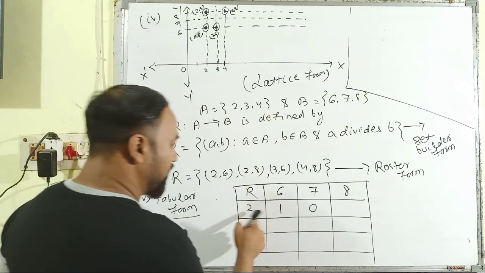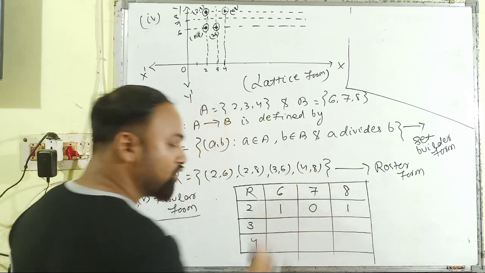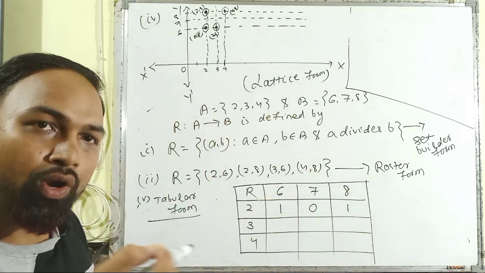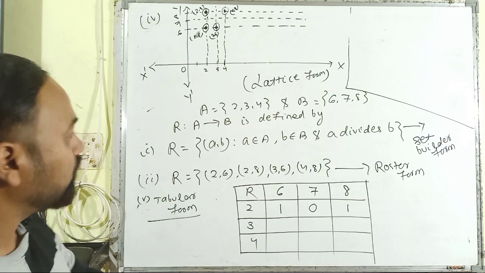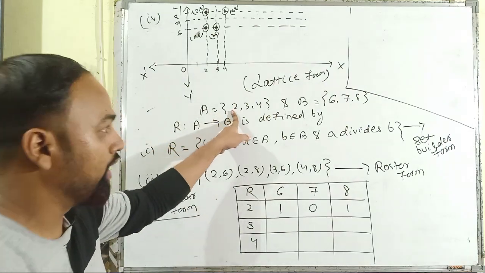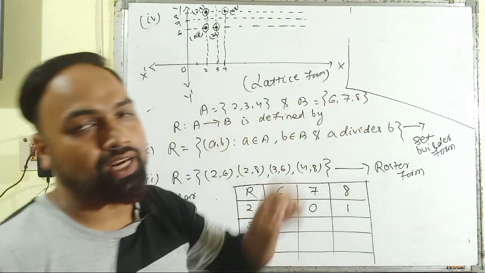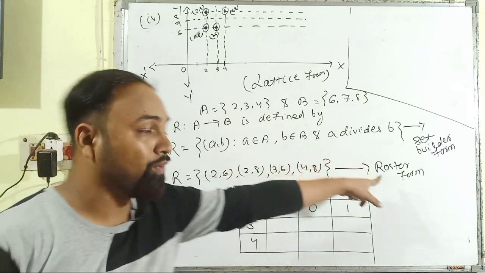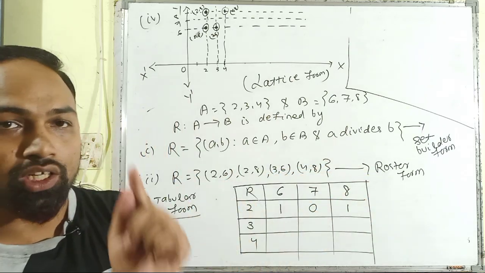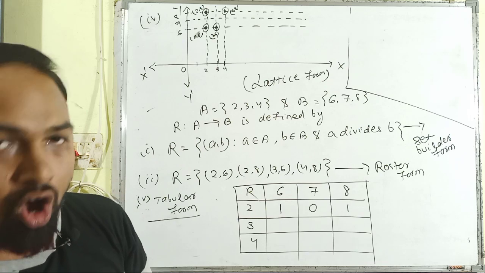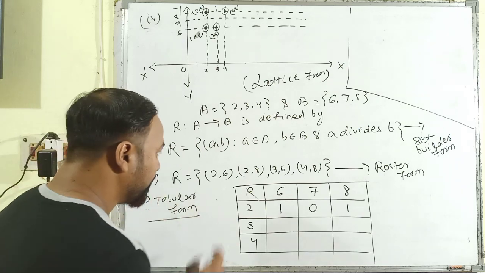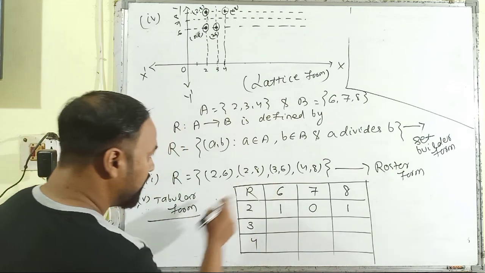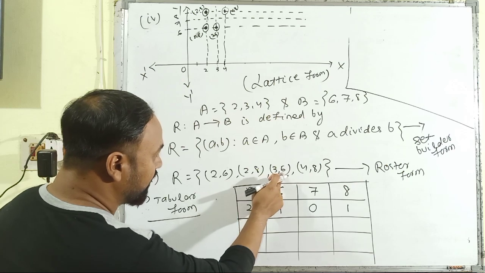Then (2, 8) is present, so here it is 1. Whenever the first component is attached to the second element in the roster form of relation R, the result is 1, otherwise it is 0. You may see here 3 is connected to 6.